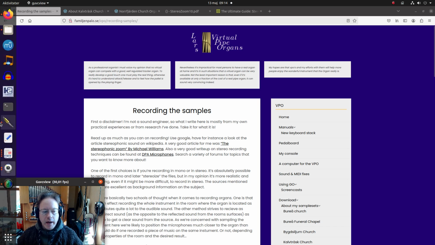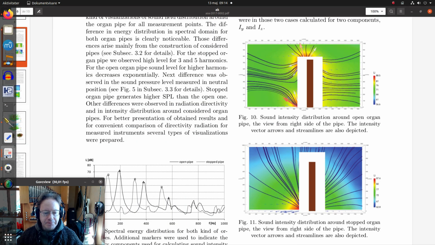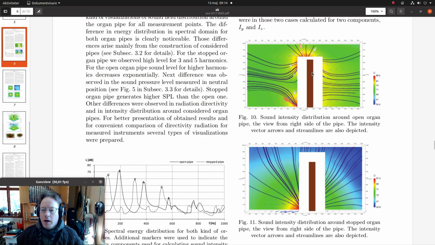So there has been some research done on this, where the sound actually comes from a pipe. Here you have an open pipe, like I showed first, where the mouth is here. It's facing this direction, and you have sound emission mostly from the mouth and from the top.